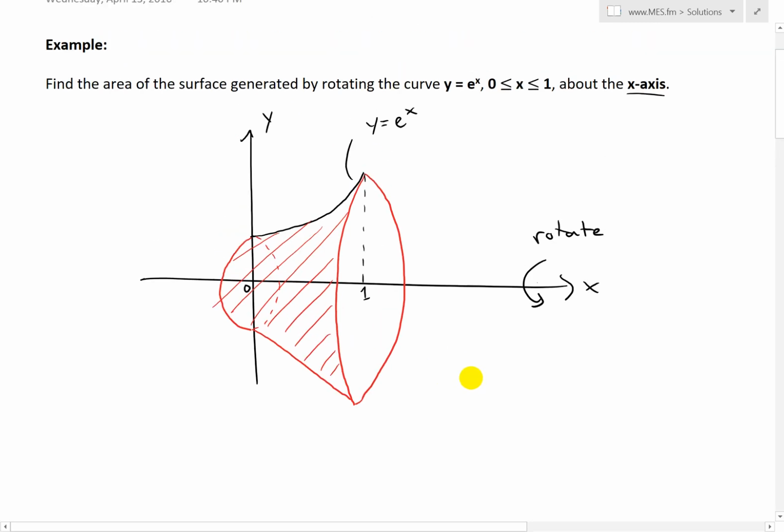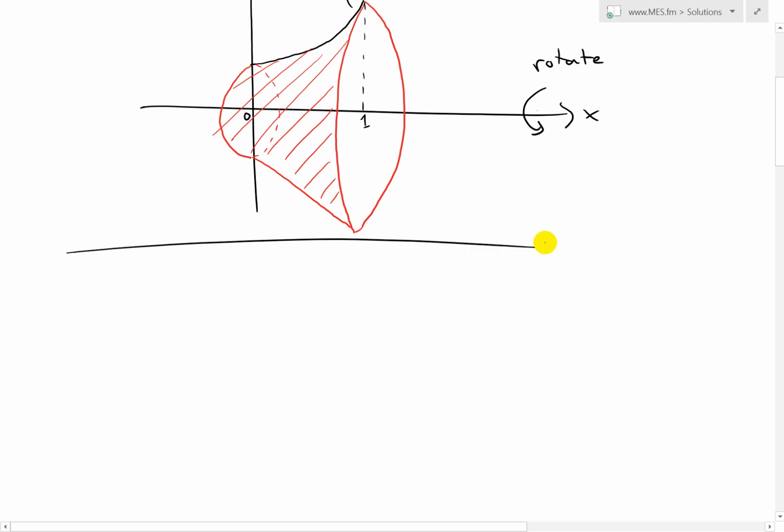Now, in solving for the surface area, let's recall the surface area formula, which I covered in my earlier videos.